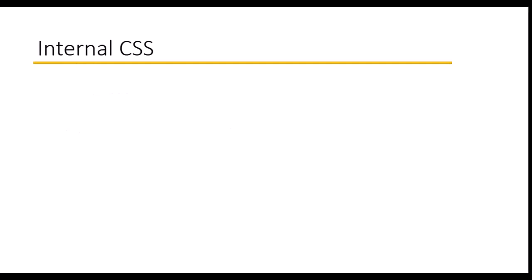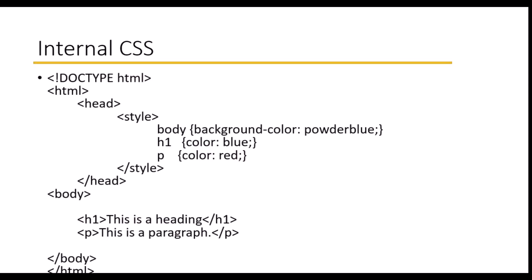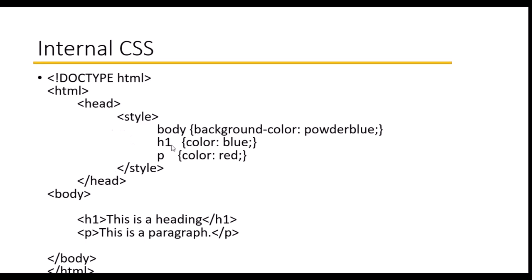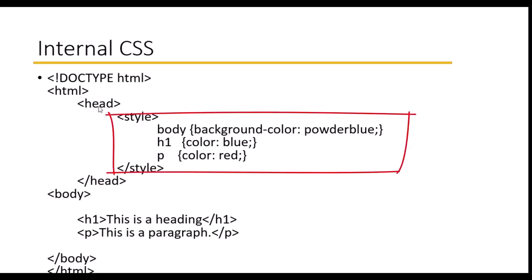So the second topic is internal CSS. An internal CSS is used to define a style for a single HTML page. An internal CSS is defined in the head section. As you can see, this is the head section here, and the internal style is going to be added using the style element inside this head section, not outside the head section, inside this head section.